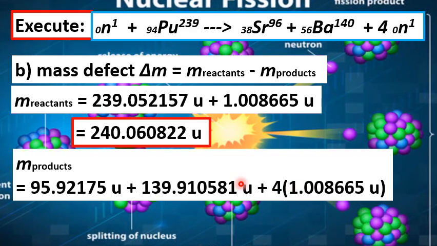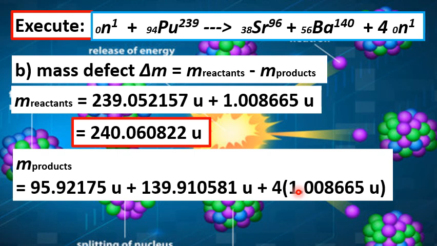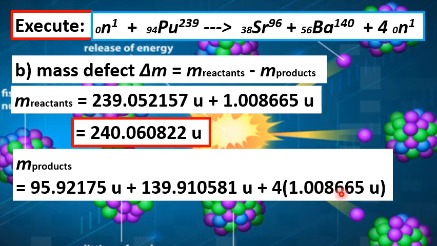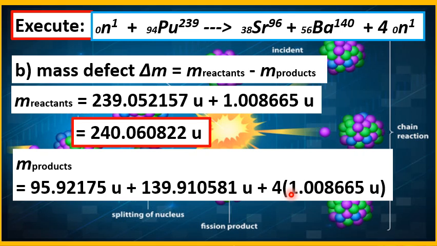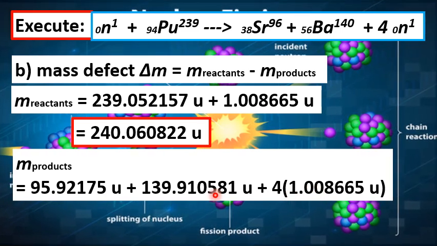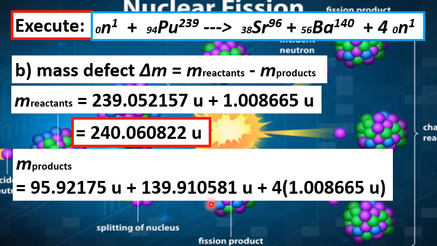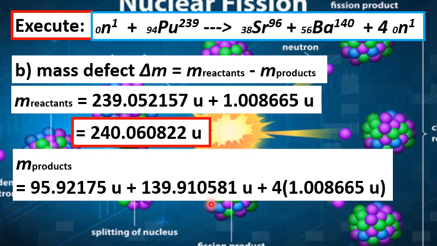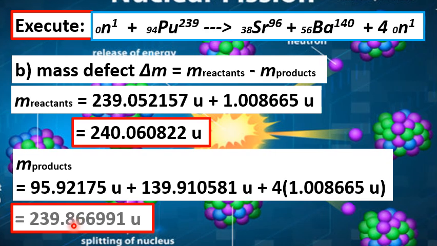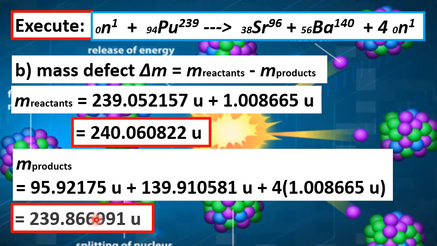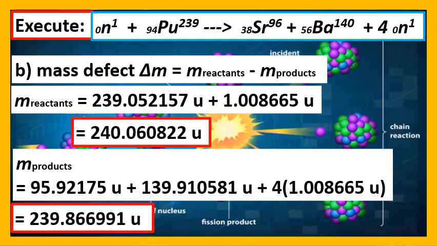And we add 4 times 1.008665 atomic mass unit, all right, for the total atomic mass of the 4 neutrons, right? So when you do our math, we get the total mass of the products equal to 239.866991 atomic mass unit.